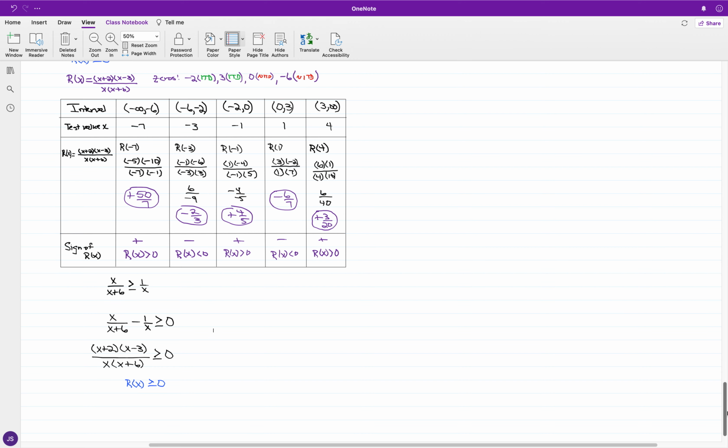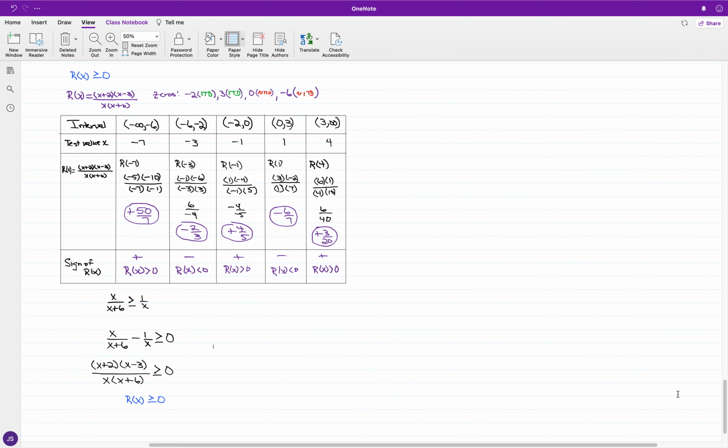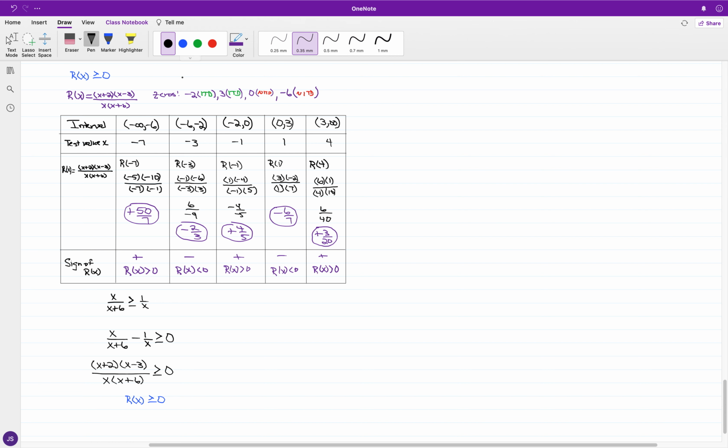And so in the solution, you have the format along the lines of r of x is greater than or equal to 0. You have in the solution, involving the limits, negative infinity, negative 6, you also have negative 2, and 0.